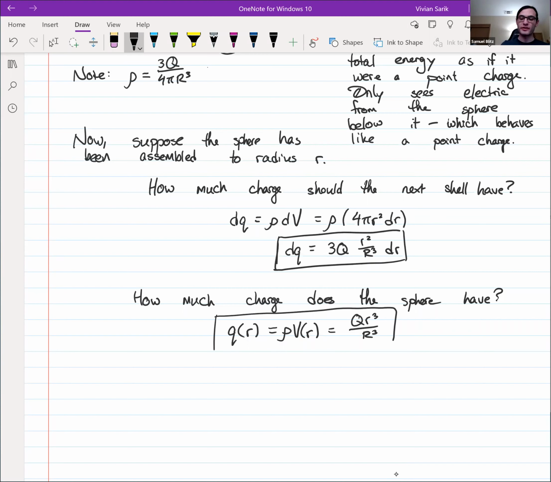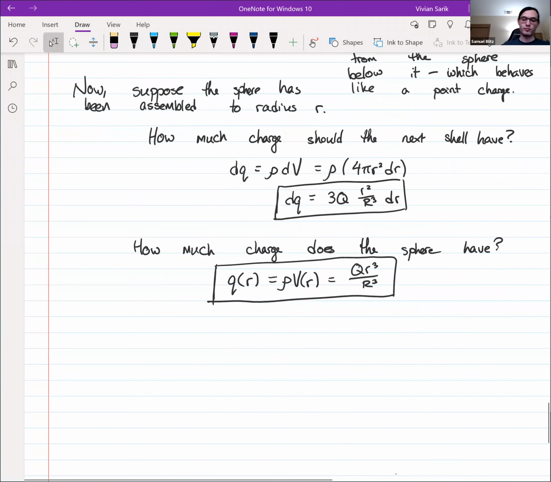Okay, so we know the charge of the sphere before the shell comes in, and we know the charge of the shell. So now, treating them both as point charges, which we're allowed to do for reasons explained earlier, we just compute the amount of energy that the shell adds to the sphere.